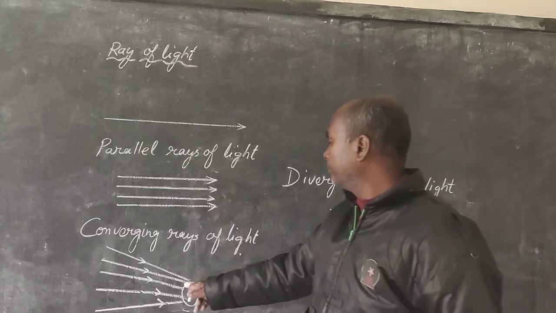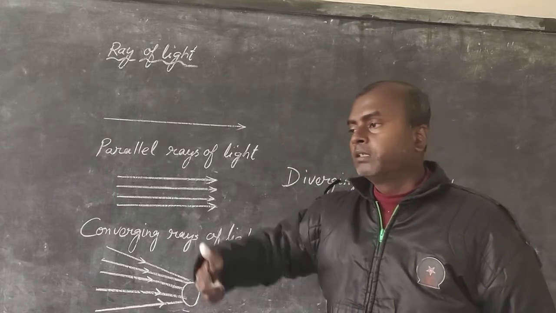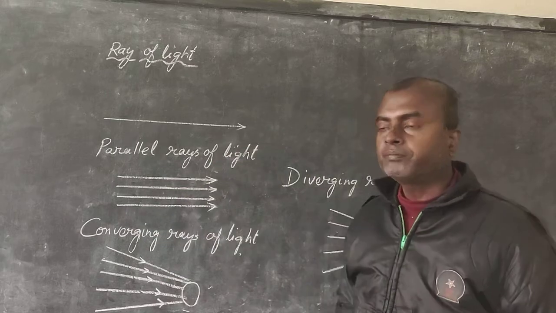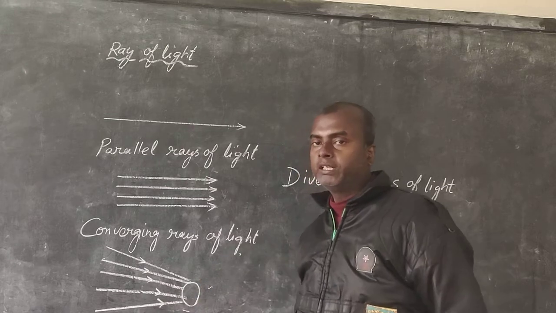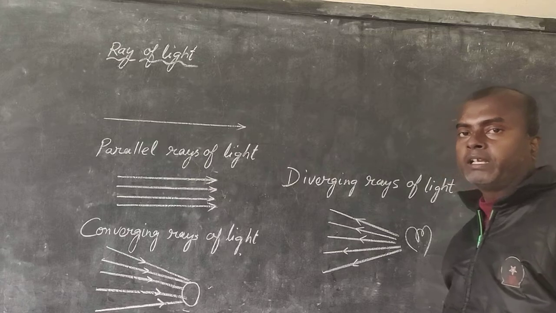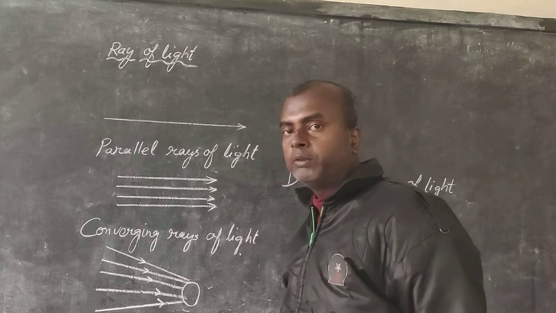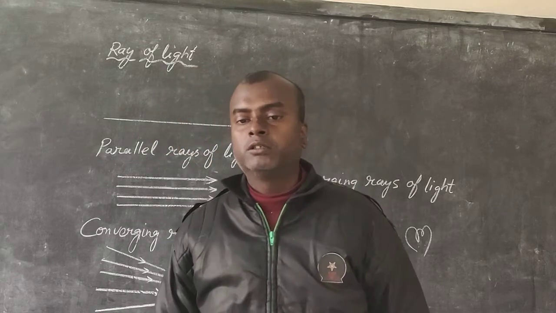And for converging, the example you can give is different persons holding their torch lights and focusing in one direction. So light rays from different directions are focused in one direction. So these are the different types of rays of light. So overall, what I want to prove is that light travels in a straight line path. Alright.